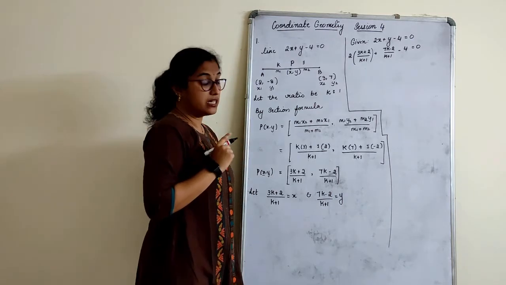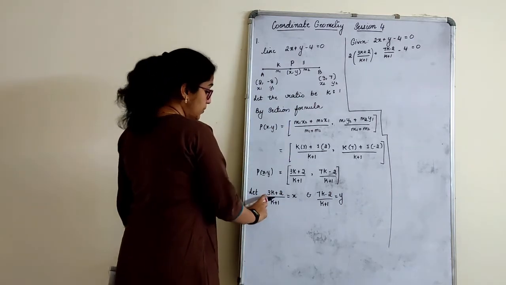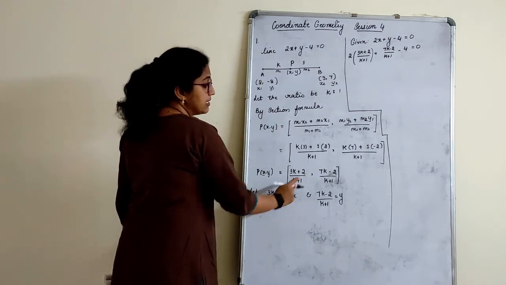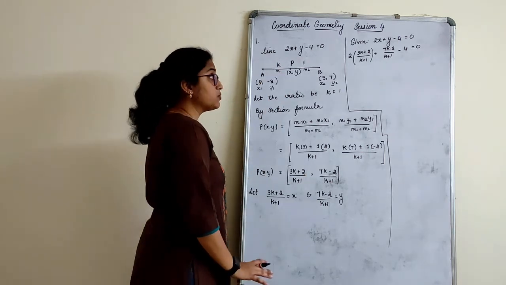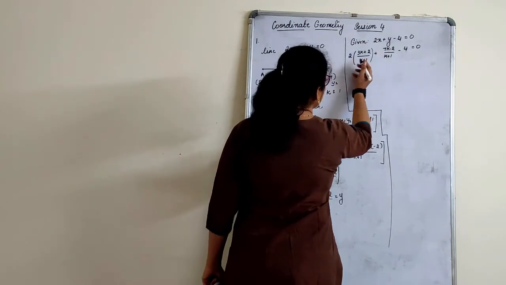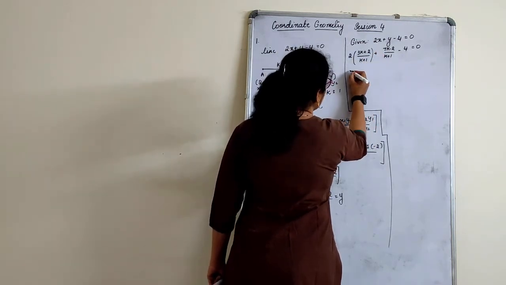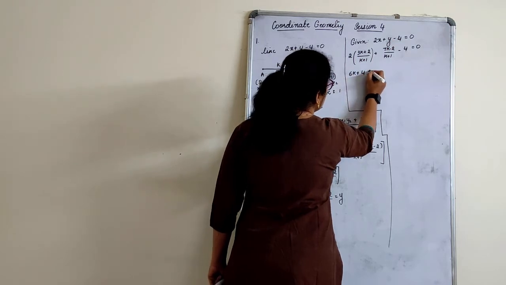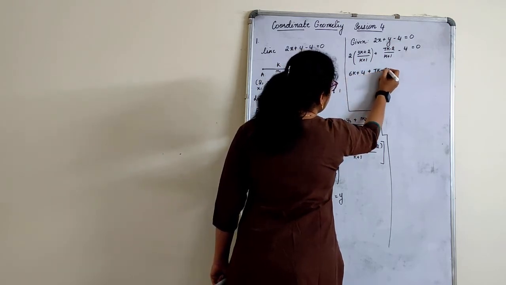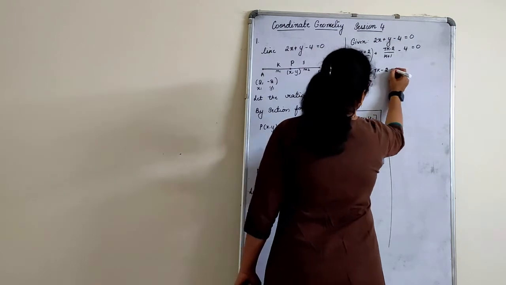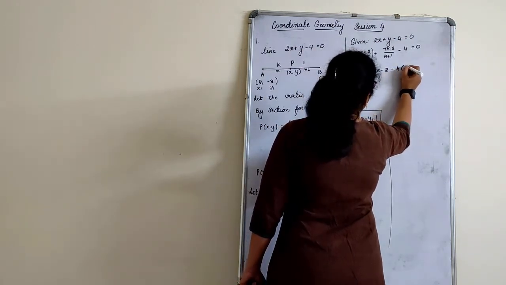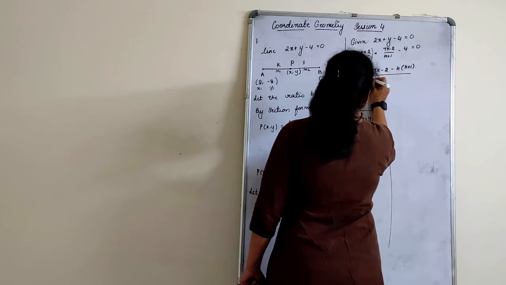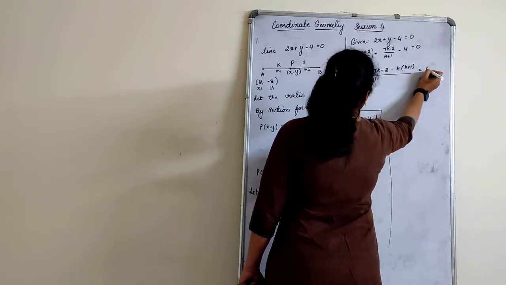k plus 1 is the LCM. So where x was there, (3k plus 2) divided by (k plus 1). Where y was there, (7k minus 2) divided by (k plus 1). We substituted. Take LCM. LCM itself is k plus 1. 2 3s are 6k, 2 2s are 4, plus 7k minus 2, minus 4 of (k plus 1), divided by (k plus 1) is equal to 0.